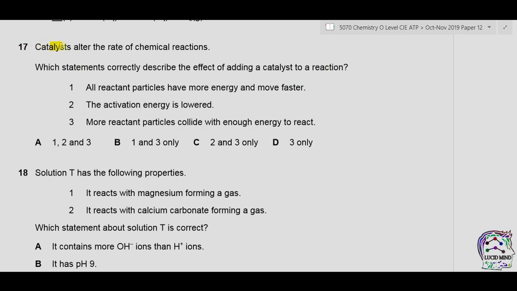Question 17. Catalysts alter the rate of chemical reactions. Which statements correctly describe the effect of adding a catalyst to a reaction? Now what catalysts actually do is that they lower the activation energy of the reaction.